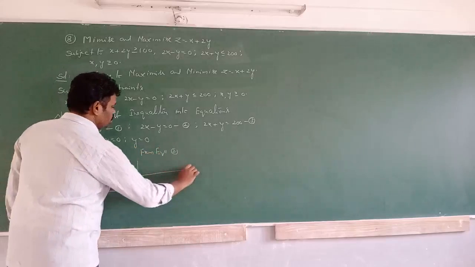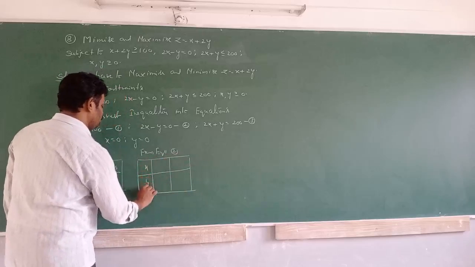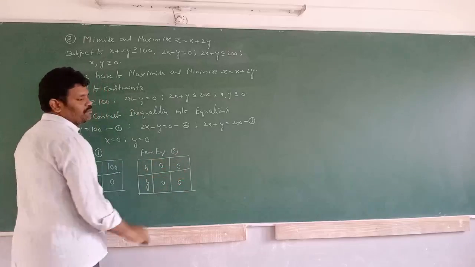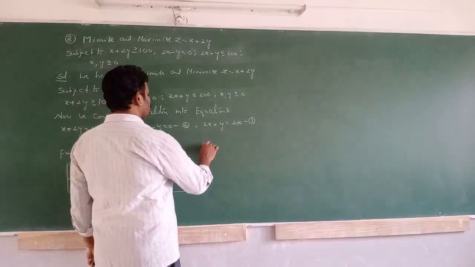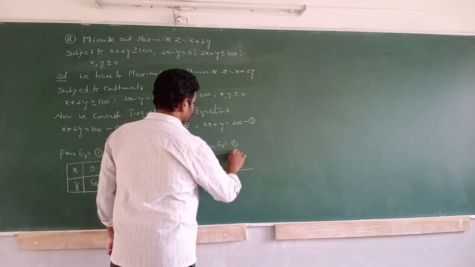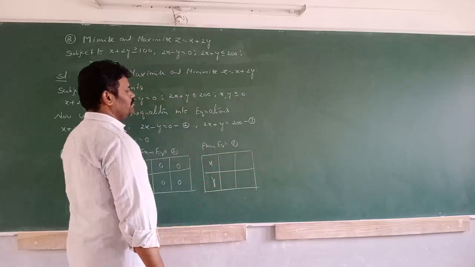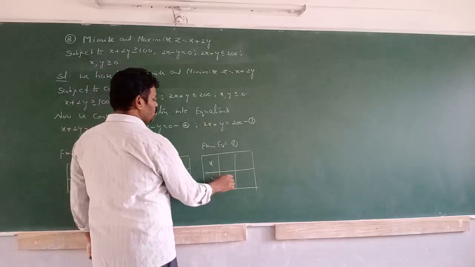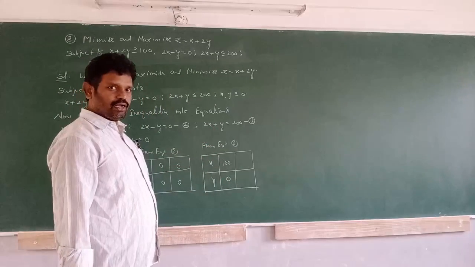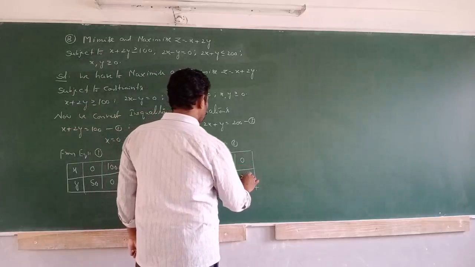From equation 2, the line is already passing through the origin, so that table is not required. From equation 3: y is equal to 0, then x is equal to 100; x is equal to 0, then y is equal to 200.